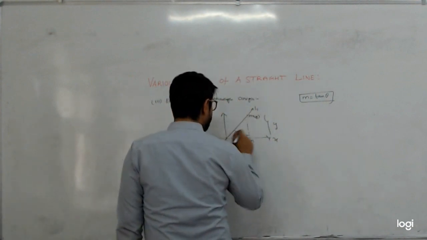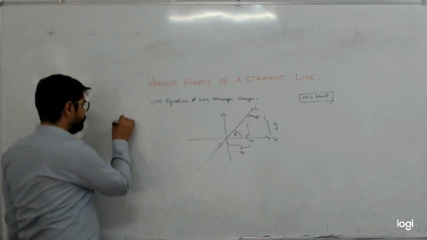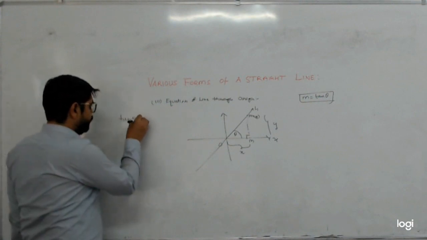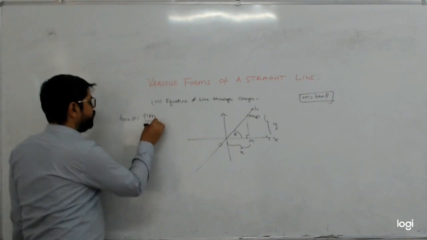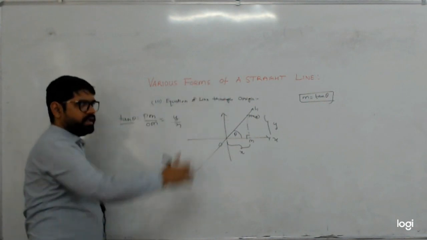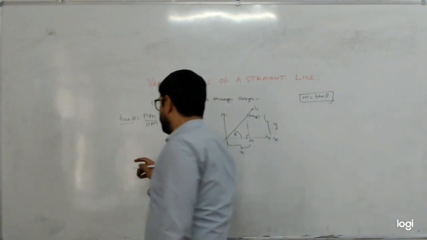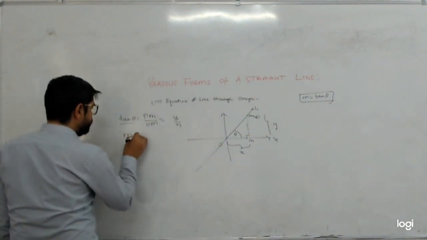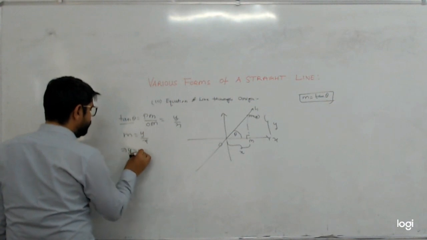So in triangle POM, the value of tan theta will be equal to PM divided by OM, which is nothing but y by x. But we know that tan theta is nothing but the slope of that line, so this will be equal to m. So m is equal to y by x, and this implies y is equal to mx.